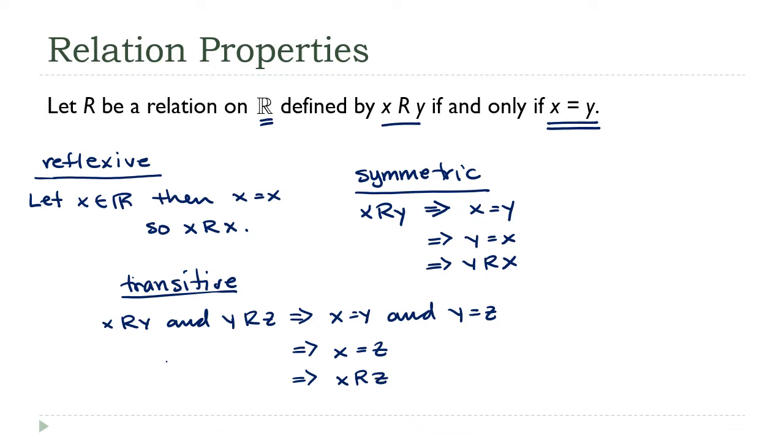And that's what I needed to show for this to be transitive. So that was a yes for all three here. And this one does show all properties, a little bit trivially. The equality relation, equality of real numbers, we kind of already knew had all of these properties, so this one we kind of got for free. So let's take another look at another example. This one will be a little more interesting.